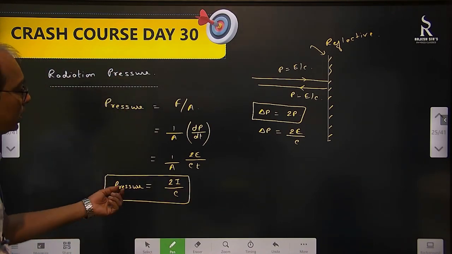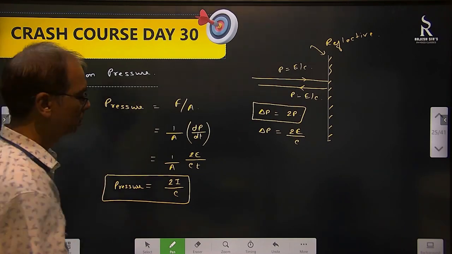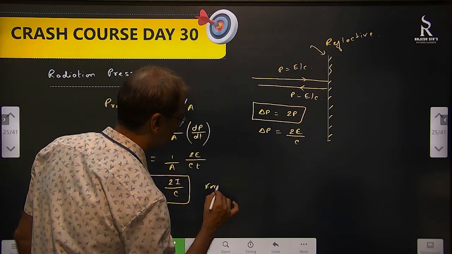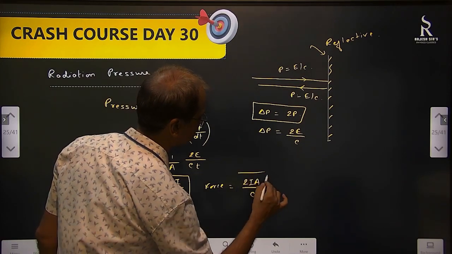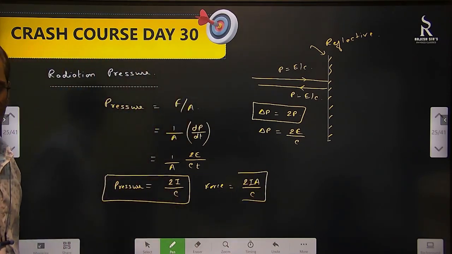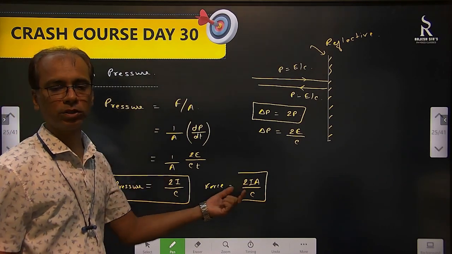If force you are asking, then 2IA by C. Pressure is 2I by C. Force is 2IA by C.